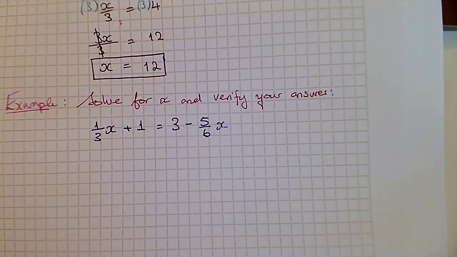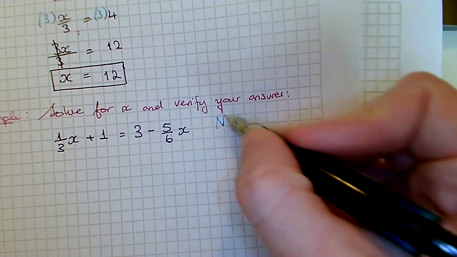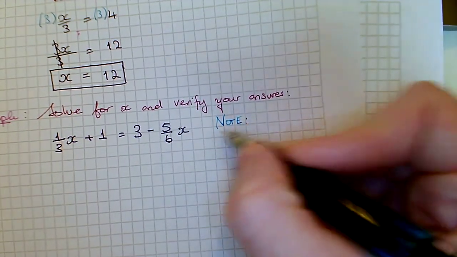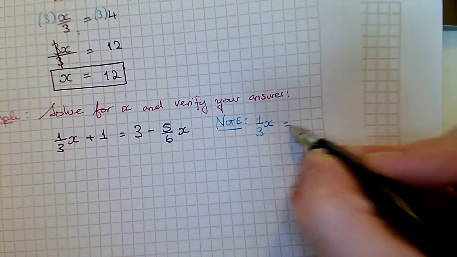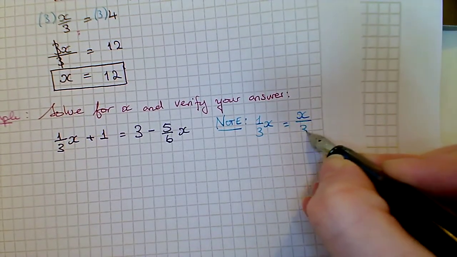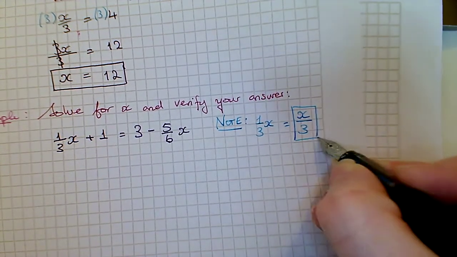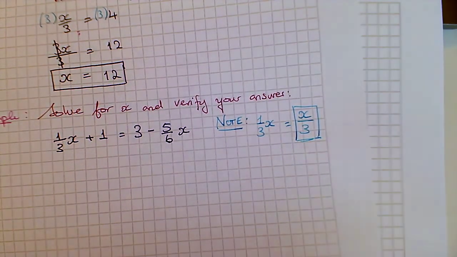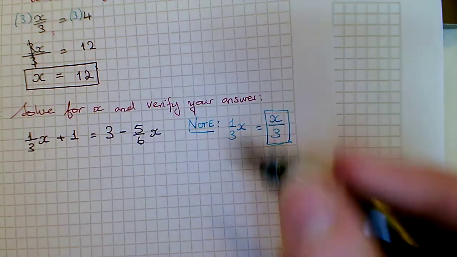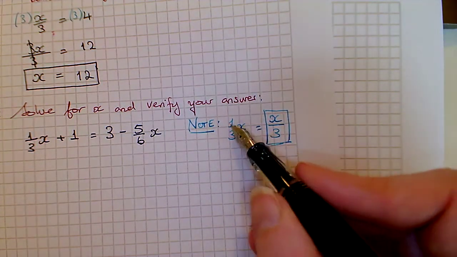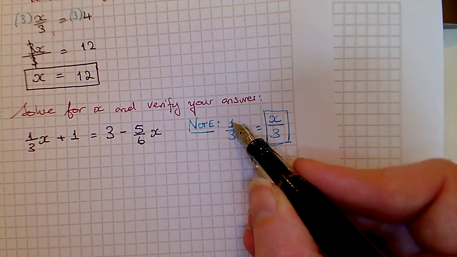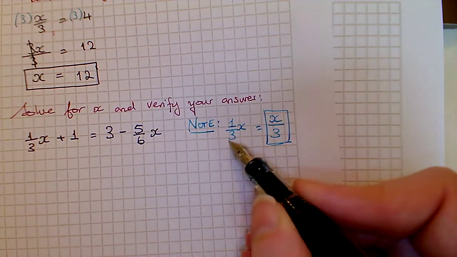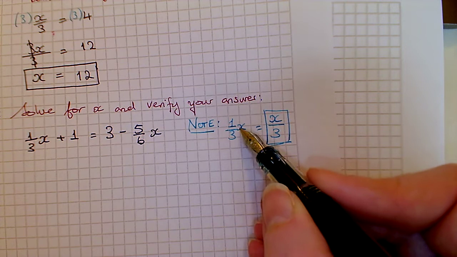Okay, so to begin with, I'm going to change how I write this. It's fine to leave it like this, but a note on fractions when we have x's in them. 1/3 x is the same as x over 3. And it is my preference that we'll write the variable on top like that, because it makes it clearer. When we write it beside it like this, we don't really understand that it's the numerator that multiplies the x and the denominator that divides into the x.